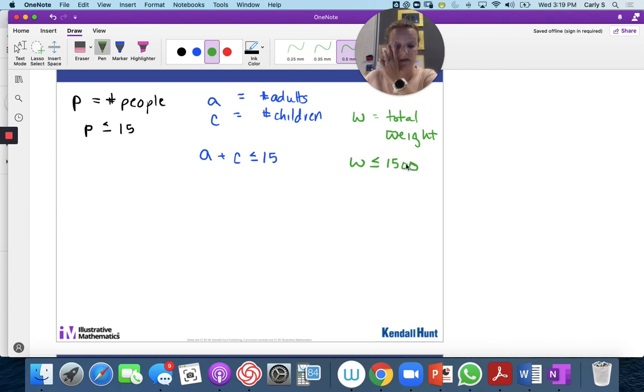Not a big deal. But we can definitely take that further. We know, what is the total weight? What is the total weight? Let's see. How much does an average adult weigh? 70 kilograms. So 70 times A plus 35? Yep. 35 times B.